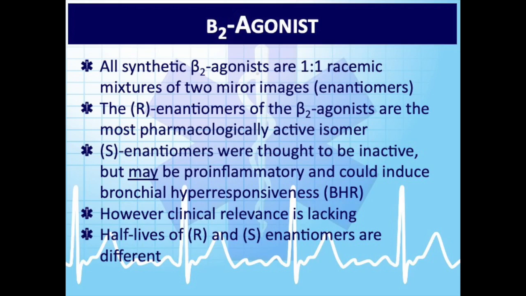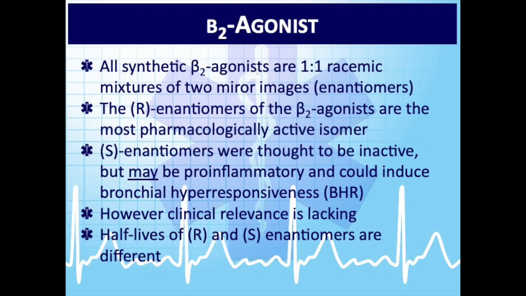So I'm going to talk a little bit about albuterol, and that it's a mixture. It's a racemic mixture of 2 separate drugs. And this is sort of a transition into where Xopenex actually came from.